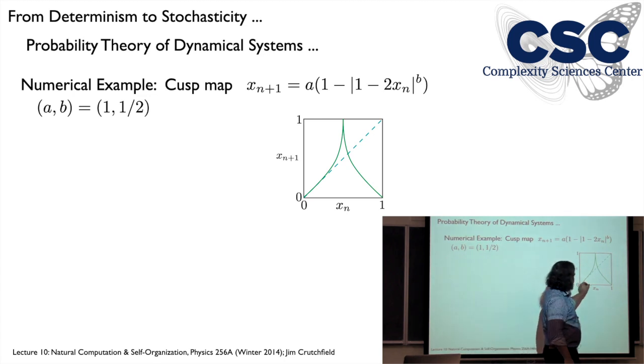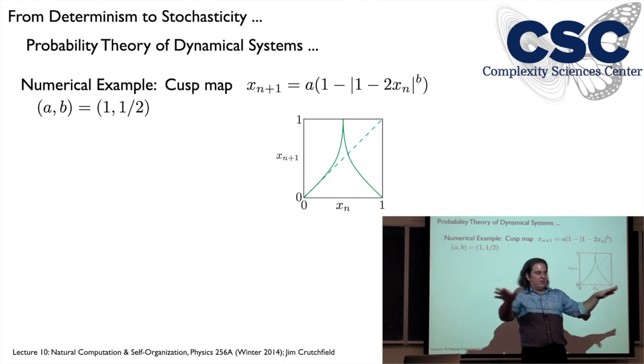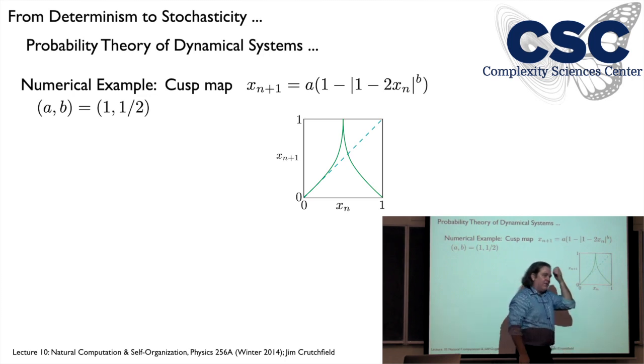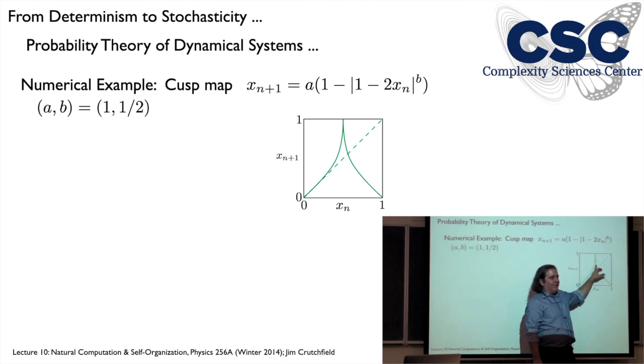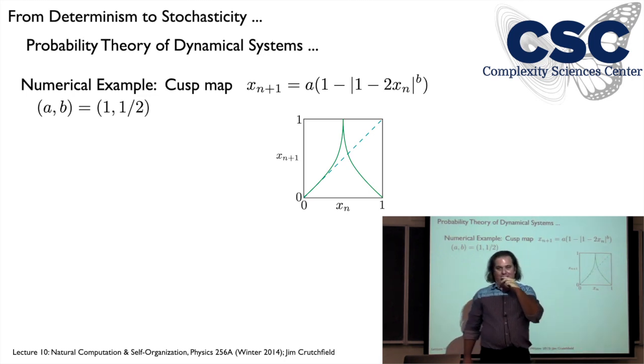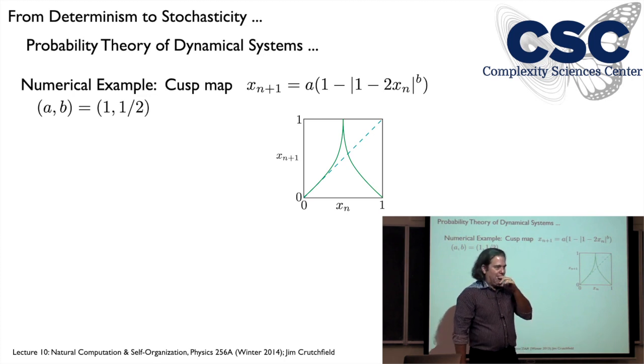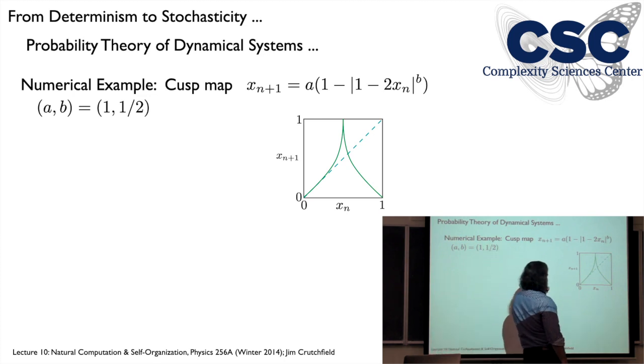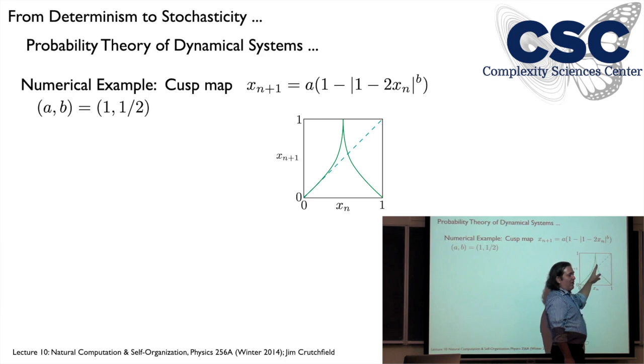Small little concentrations are always going to get spread out and spread out. What's going to happen here? The slope is getting larger and larger. It diverges here. That's a lot of spreading. Any small concentration of probability mass is going to get spread way, way out.